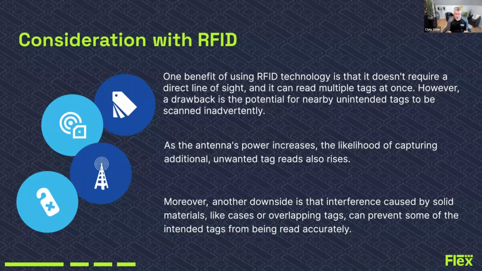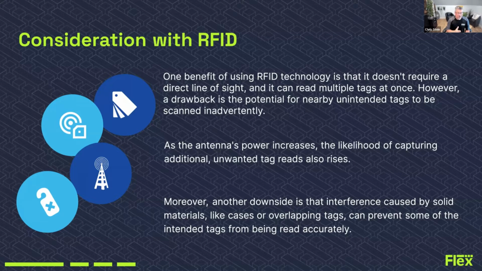Also, then there's the problem of scanning stuff when things are stacked on top of each other or inside cases. UHF is not great for penetrating cases. It can be done, but again, a lot of times you're going to amplify that. Anytime you amplify the gain to penetrate, you might get unwanted tag reads elsewhere. So everything's a balance in finding those things.